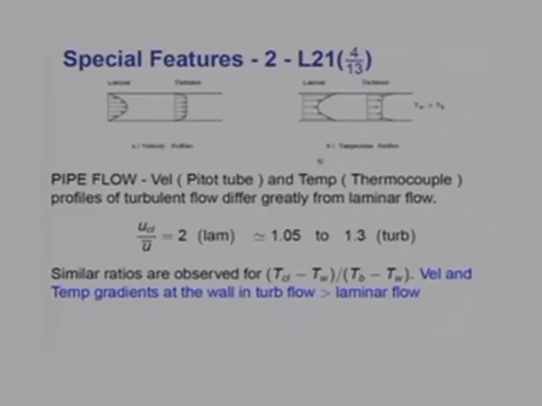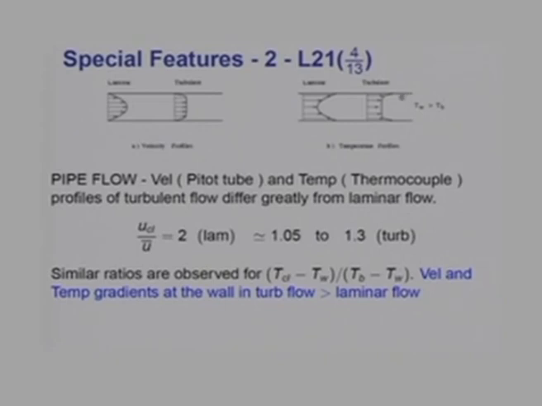Similarly, if you were to measure the temperature in the flow, again you will recall the temperature profile, T center line minus T wall or T bulk minus T wall. The temperature profile itself would be T wall here and T center line here, and it would have a very parabolic nature.